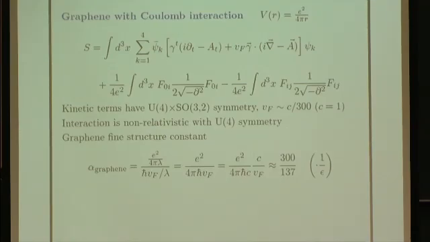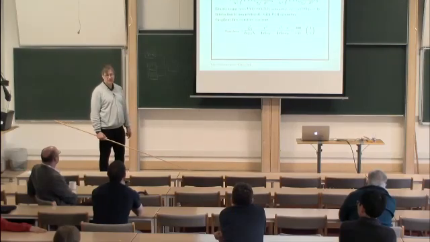Straining it is usually modeled by free fermions, and the strain produces a kind of axial gauge field that has a different sign for the two species. And that's very interesting. In fact, there are experiments where they strain a piece of graphene so much that they actually see Landau levels of this effective gauge field.